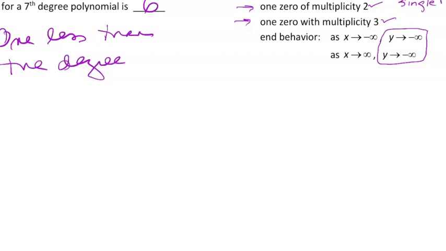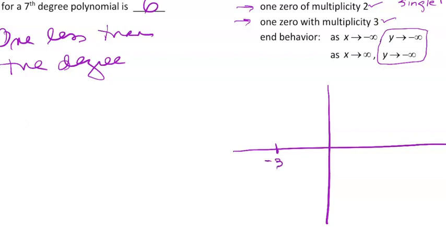Okay, so if I know it has to go down, down, let's figure this out. I'm going to start from down. So I'm going to do a root right here at -3, and make that have a multiplicity of 2. So I come up and down. Now I'm going to come up. That's my single root. I'm going to come here, and this is going to be my multiplicity of 3.